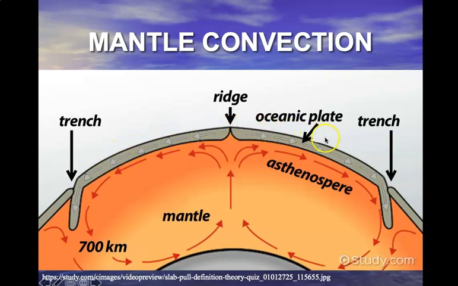And we find that it gets older as we move in this direction or this direction. We could take dating samples and we actually see the rock get older as we move farther away from the ridges. And we see that it's very young at the ridges. So we can get data on this. All right?